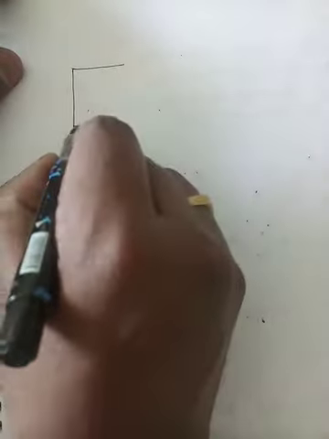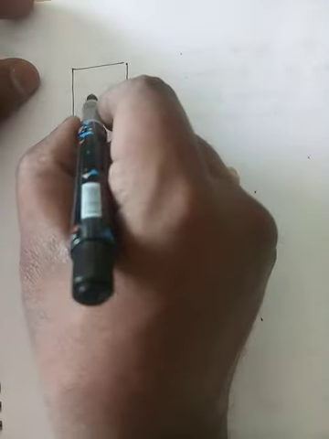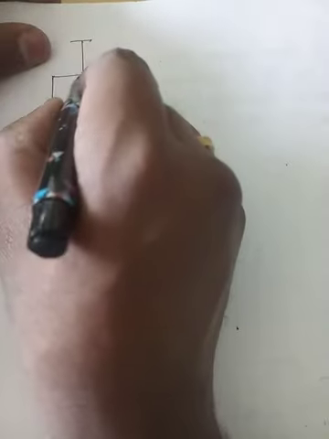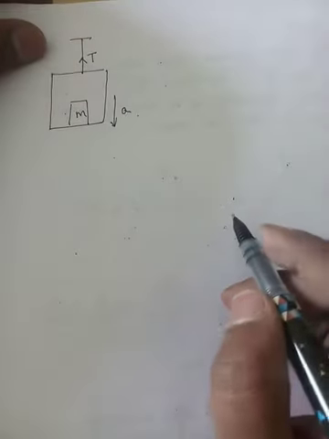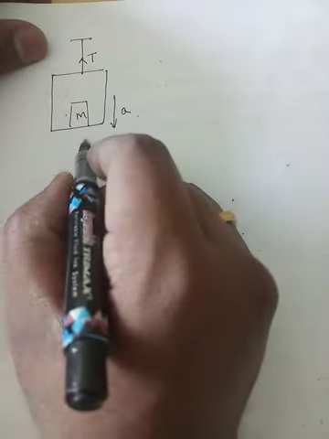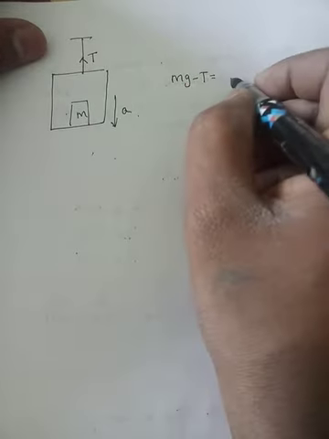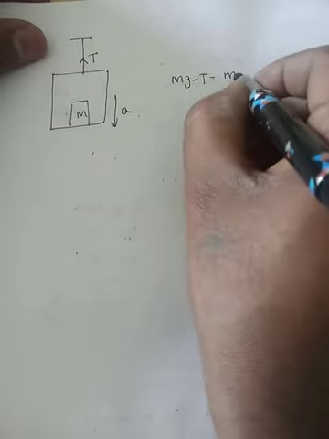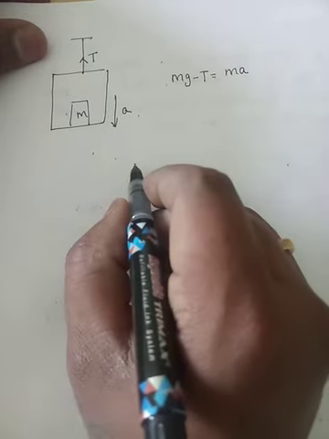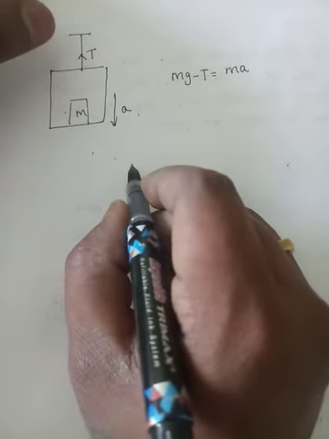Now the same point we can write for when the lift is moving downwards with an acceleration a. Assume this same lift, having a mass m, is coming downwards with an acceleration a. As usual, tension in the string will be there, and that always acts upwards. Now which is more? Weight is more. So mg minus T equals ma, because the downward force is more than the upward force.